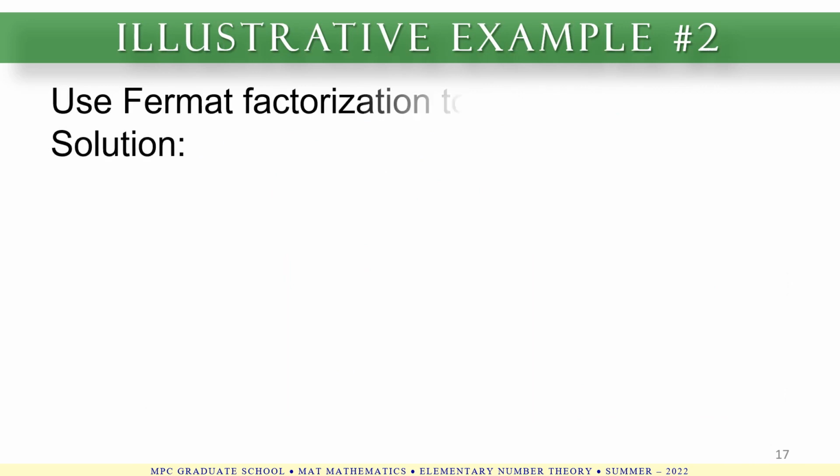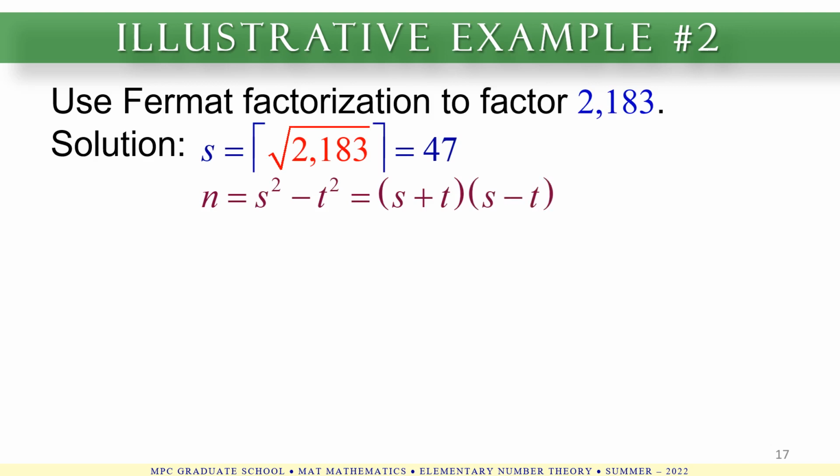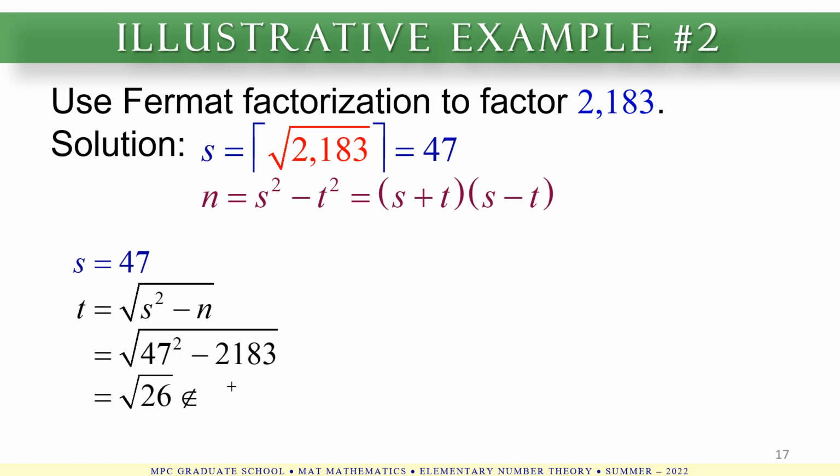Let's have another example. Use the Fermat factorization to factor 2183. Again, we're going to find our first value of s, which is the square root of 2183, and it will give us 47. So our s will be 47, and then we're going to use that to find the value of t. So 47 times 47 minus 2183 will give us the square root of 36, which is not what we're looking for.